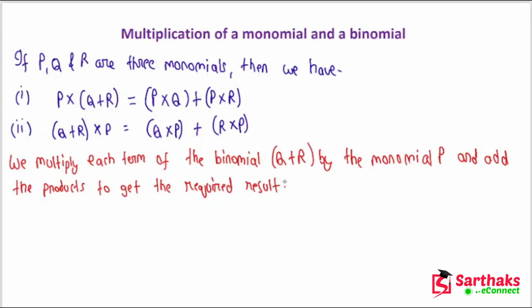So we can multiply each term of the binomial Q plus R by the monomial P and add the products to get the required result.